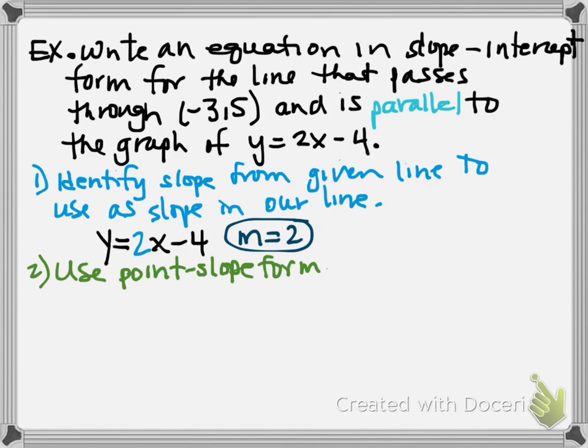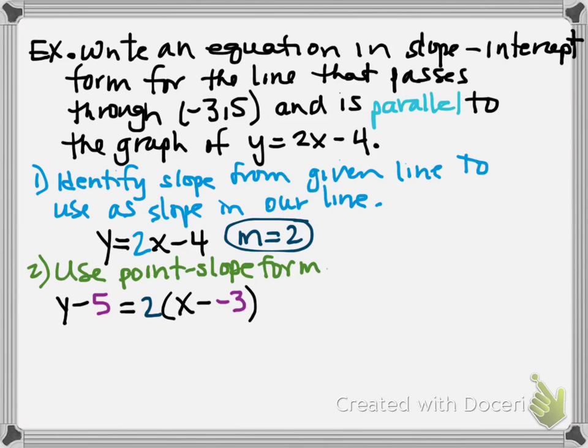Okay, so point-slope form says y minus the y coordinate of 5, because that's our given point, equals the slope, which we just identified to be 2, times the quantity x minus the x coordinate from the point, -3.